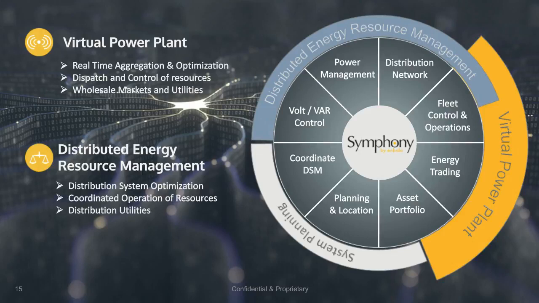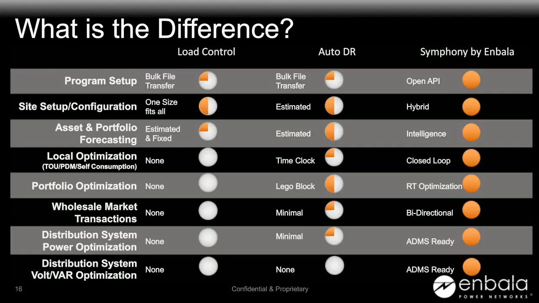And so this is the capstone to all of this. As we've moved in this industry of the grid edge from the area of load control and demand response, and we've done a great job in DR 2.0, called Auto DR, where we've created the ability to make all of these assets work together, we believe we're now moving to an entirely new world where you need this pile of batteries, so to speak, to be doing closed loop, real-time optimization, bidirectional wholesale transactions, meaning you can give power back and you can take power away, and you need to be ready for the ability to integrate into the distribution system.